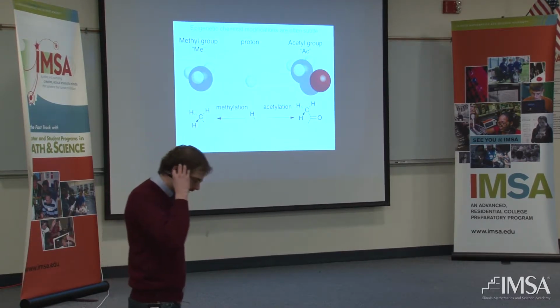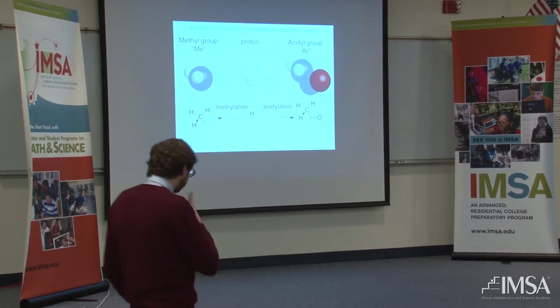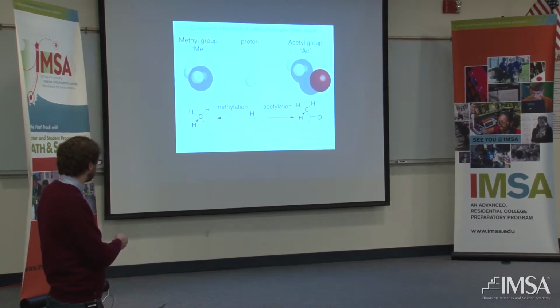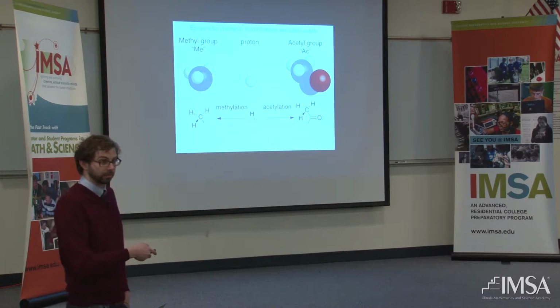So I just want to underscore how incredibly subtle these modifications are. Right? So when we're talking about a post-translational modification of protein or a methylation event of DNA, we're talking about removing a proton. And I've just drawn a space-filling representation of what these things look like spatially. We're removing a proton and we're adding a methyl group, or removing a proton and adding an acetyl group. So these things are incredibly, incredibly subtle. Right?